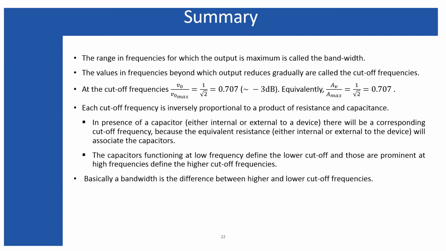The equivalent resistor from the input side or the output side, when associated with some capacitor, whether internal or external, will define some cutoff frequency. So for each and every capacitor, there will be a separate cutoff frequency.